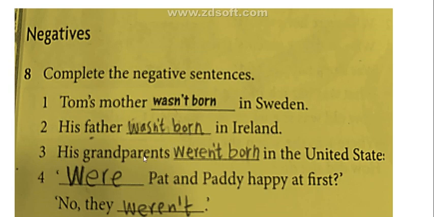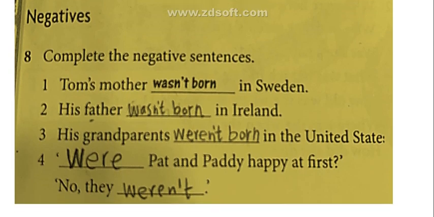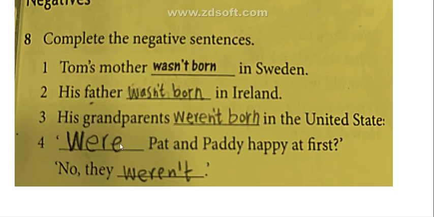His grandparents are plural, so we put weren't born in the United States. Here, were Pat and Paddy happy at first? Because it is a question and these are two persons, we put were. No, they weren't, because it is negative.